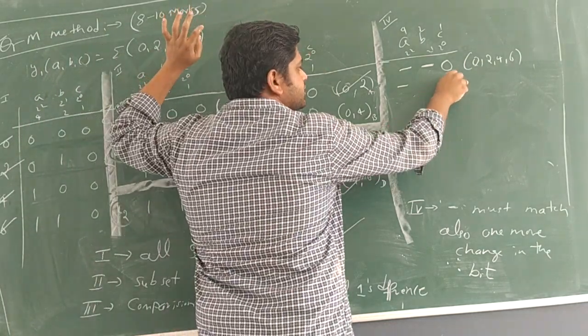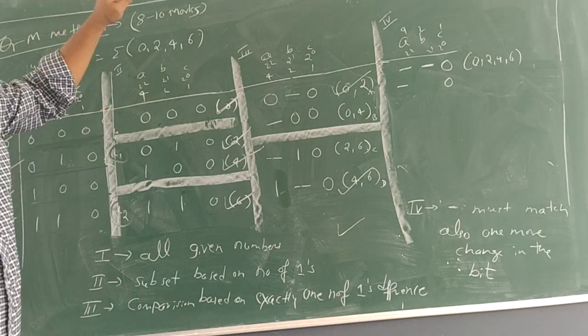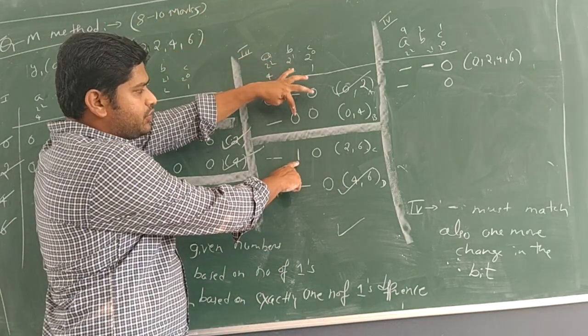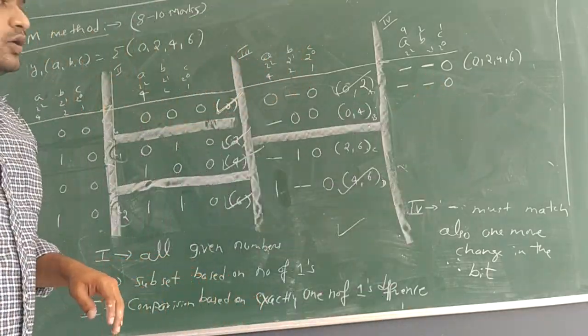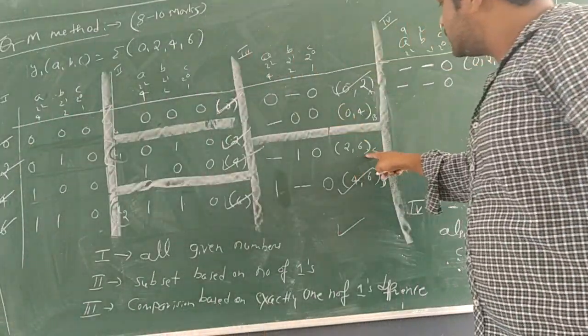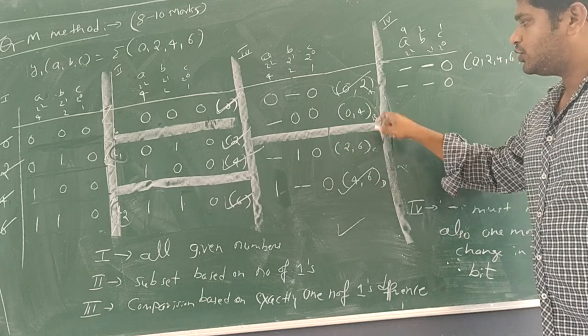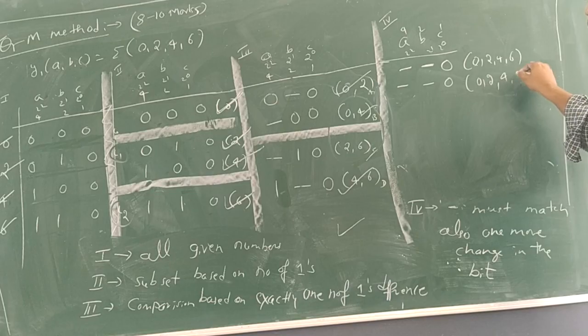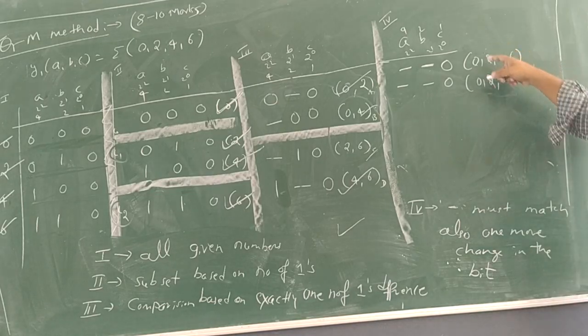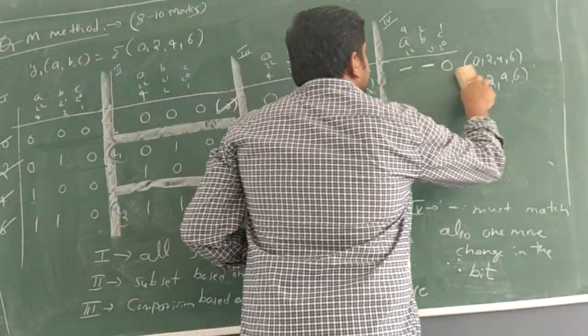So here I will write 0, 0. Okay. What about the B position? One side 0, one side 1, so hyphen. Okay. What is the total group name? Group name 0, 4, 2, 6. 0, 4, 2, 6. Both are same. Hence, even if you write one time, it is okay.